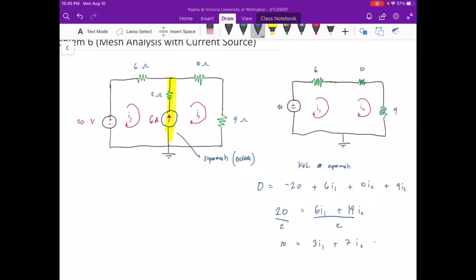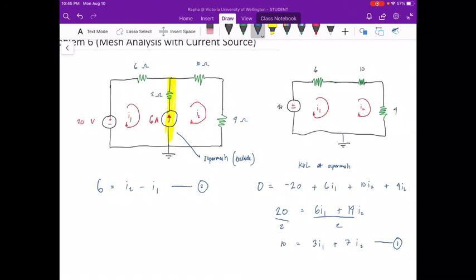So this will be our first equation. Now to relate the current source from the original diagram, we have 6 is equal to I2 minus I1. So that simply becomes our equation 2.